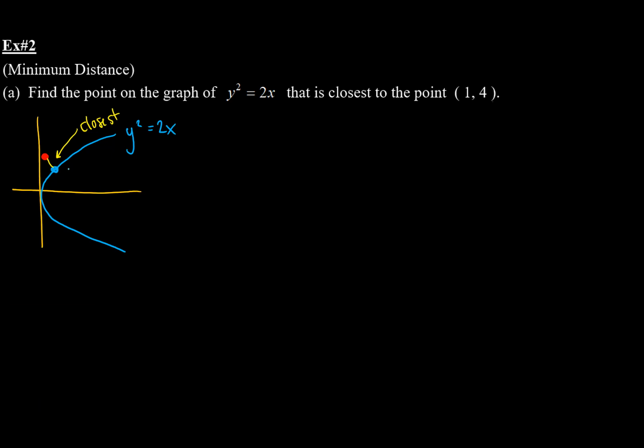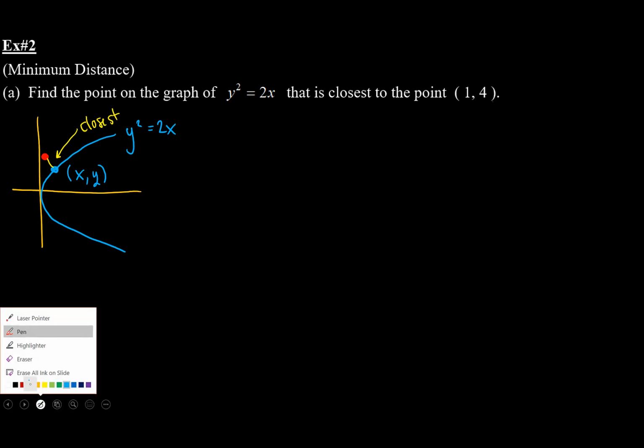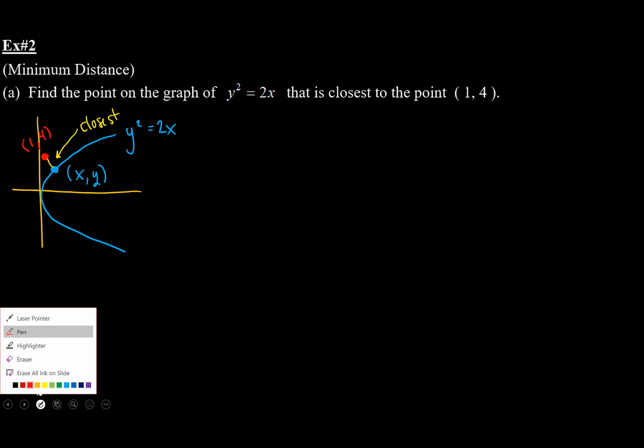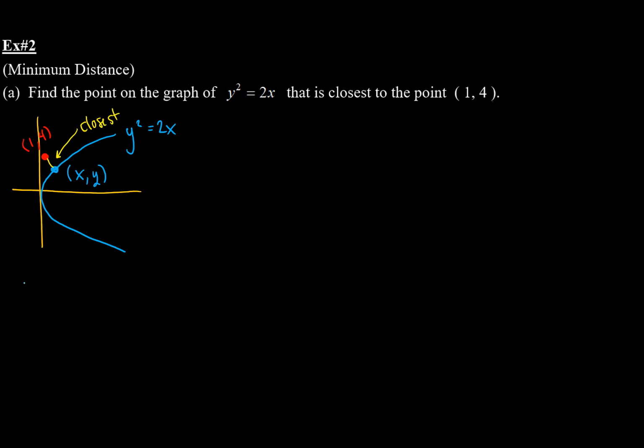So I've got this random point here, (x, y), and then this very specific point, (1, 4). If I want the distance between them, I'm going to use the distance formula.